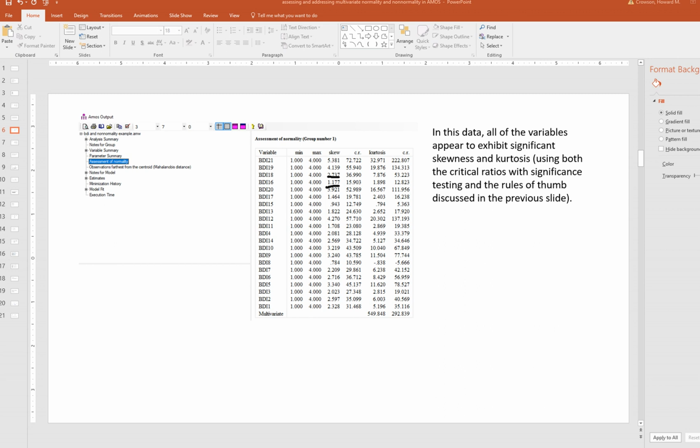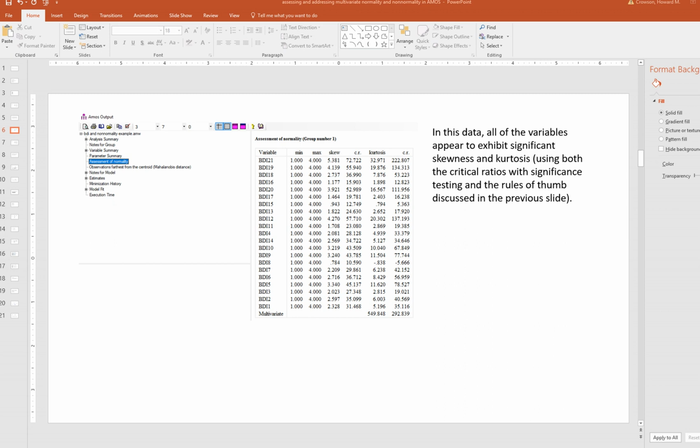Using Kline's threshold of 3 in absolute value for skewness, you can see that these variables would be consistent with normality, whereas this variable right here, and this variable, and this variable exhibit more substantial skew. When it comes to kurtosis, you can see that these variables exhibit more substantial kurtosis. This would meet the threshold. This would meet the threshold. In terms of the critical ratios, though, again, all of these are statistically significant.